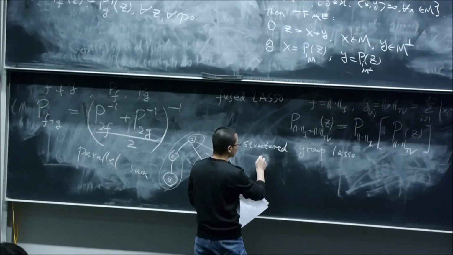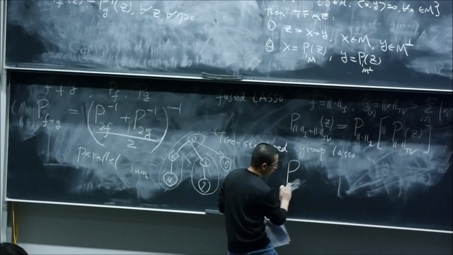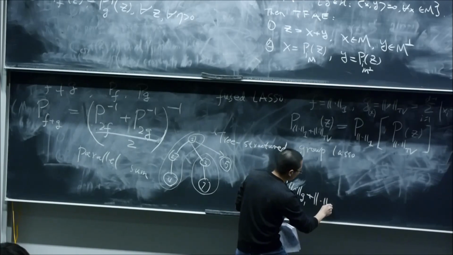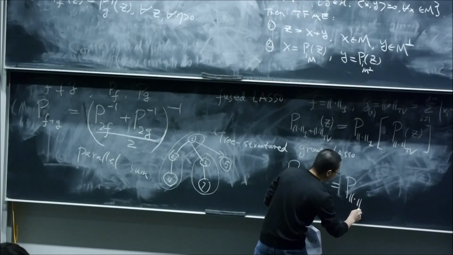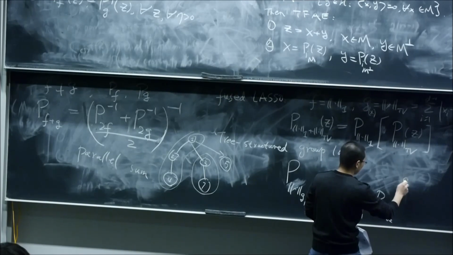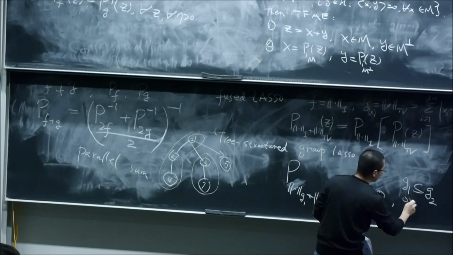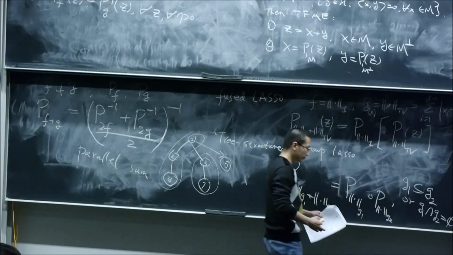And the result is this. It's very similar to that. Essentially, you take the proximal map of a sum. Let's just take two groups, the first group and the second group. It is going to be the proximal map of the first group composed with the proximal map of the second group, provided that G1 is a subset of G2, or G1 intersect G2 equals empty.